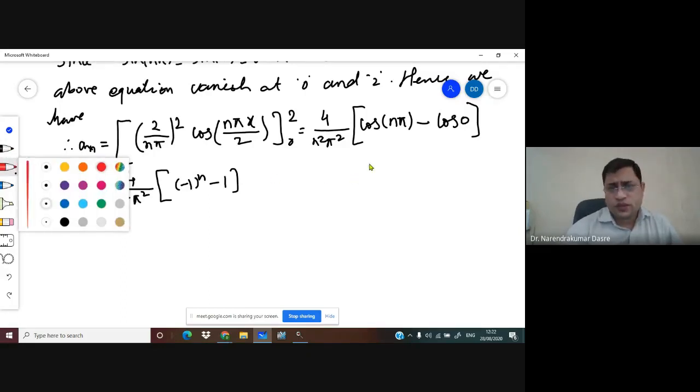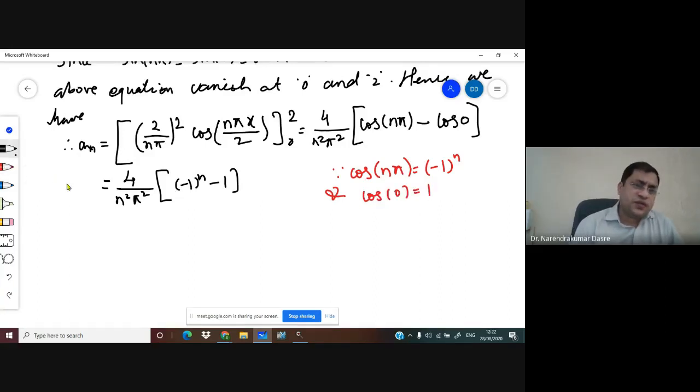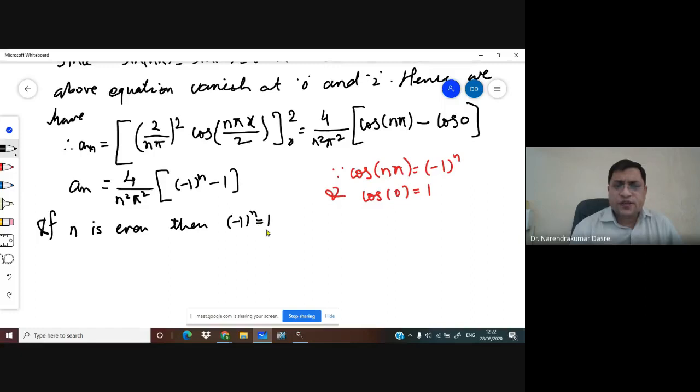So we know that since cos of n pi is equal to minus 1 raised to n and cos of 0 is equal to 1, we get this. Now because of this term we have to check what happens if n is even and n is odd. So if n is even, then minus 1 raised to n is equal to 1, and hence you get an is equal to 0.